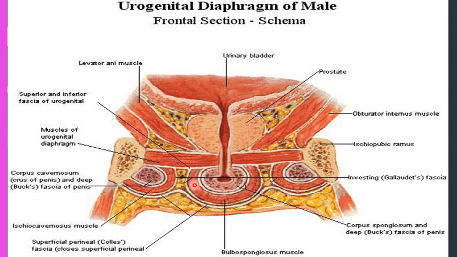So here you can see as a content in that superficial perineal pouch, which is between these two fascias, then you can see here this is the corpus spongiosum, along with its muscle, which is bulbospongiosus.